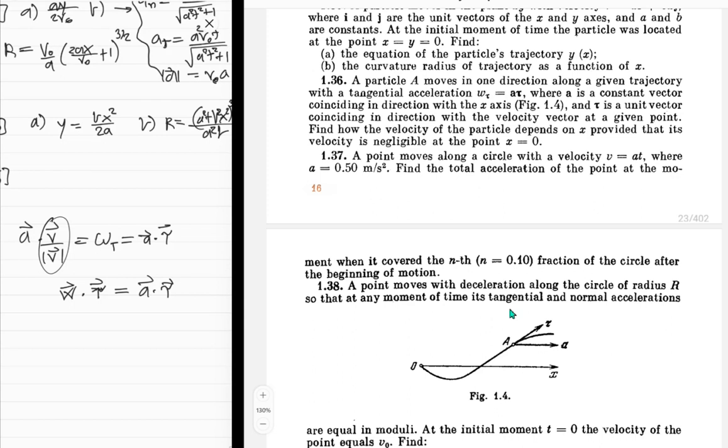Wait, this is actually nice. Something that's normal to this. Okay, and how is this gonna be useful? Velocity vector at given point. Find how the velocity of the particle depends on x, provided its velocity is negligible at point x equal to 0.